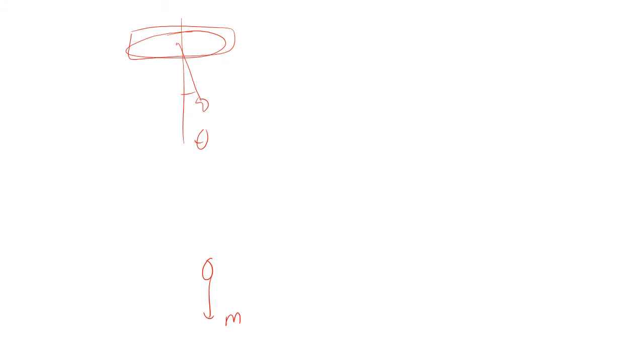We have mg pulling down. We have tension pulling at an angle like that. If I look at components here, this is my angle theta, then obviously T cosine theta has to balance mg. What's T sine theta doing?